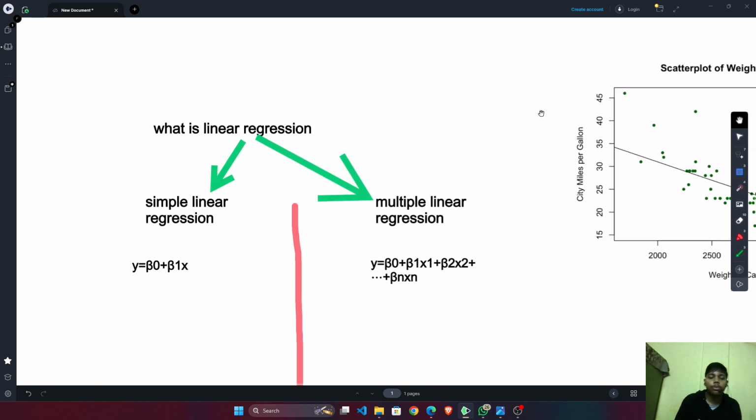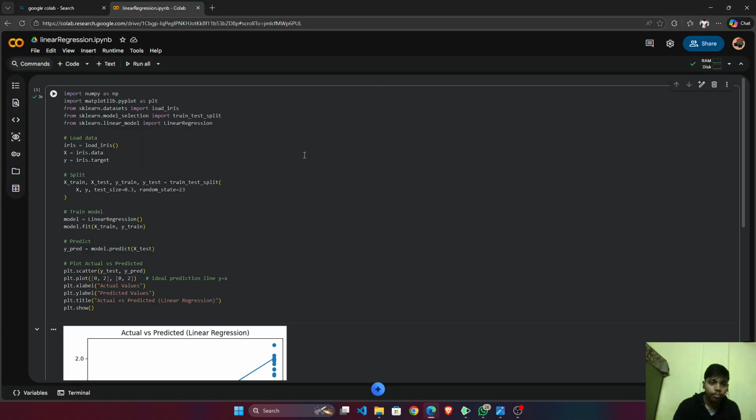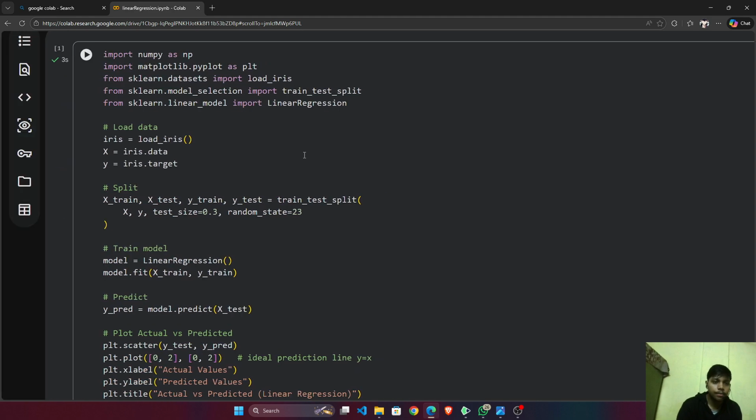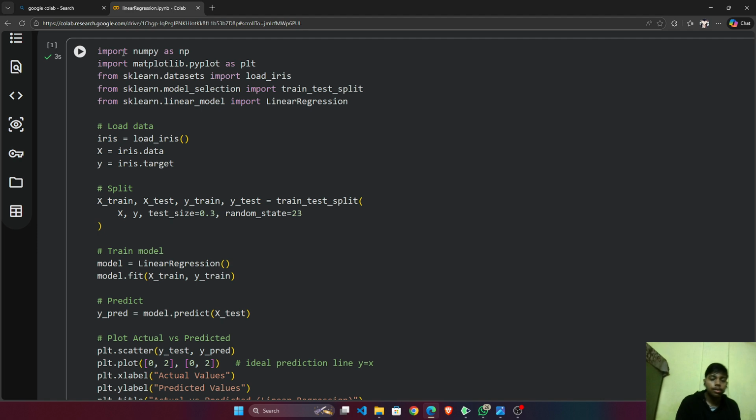Now we will go to the coding part and understand how we can implement linear regression in our Python code. This is the code that I have written. Before implementing this, we have to import the libraries.